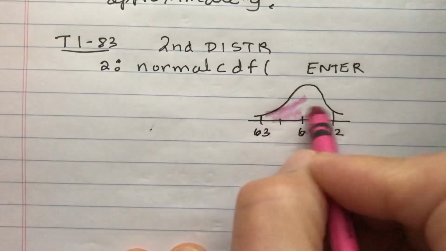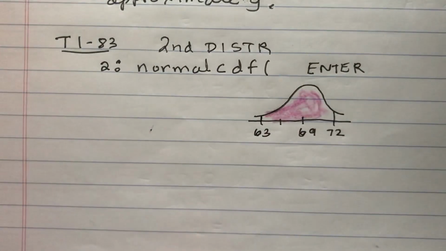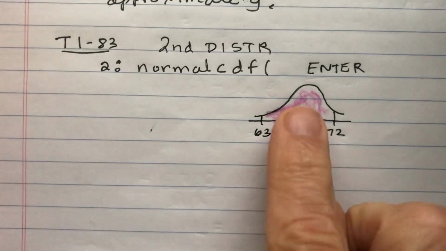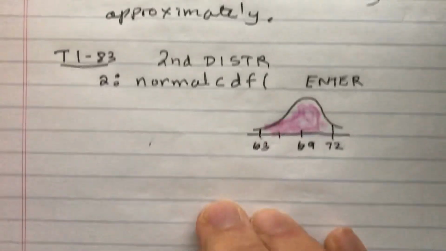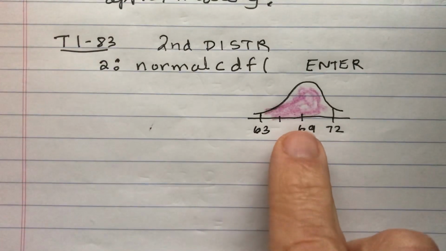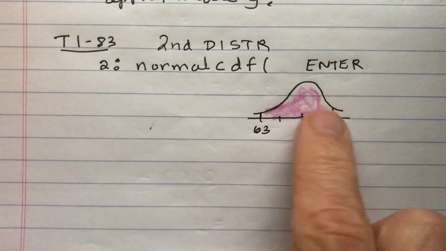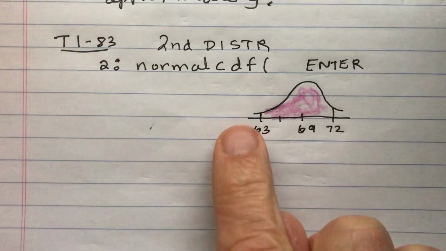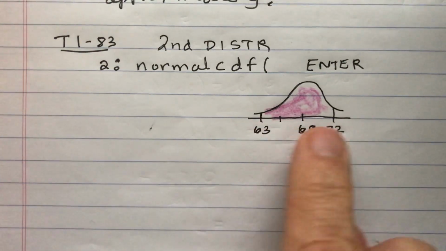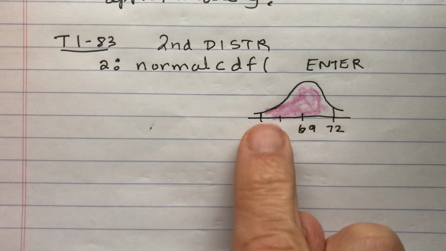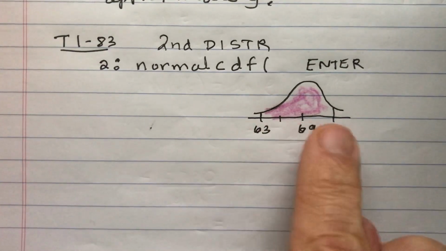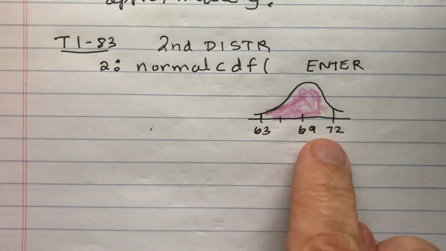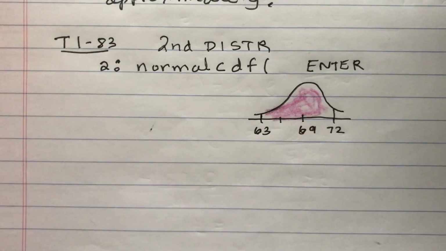We're trying to find this area under the curve. Under the curve, it's 100%. The model is that we're assuming the population has this normal distribution, so the area under the curve is the percentage of the population. All the area under the curve is 100%. So from 63 to 72 is what we're trying to find.